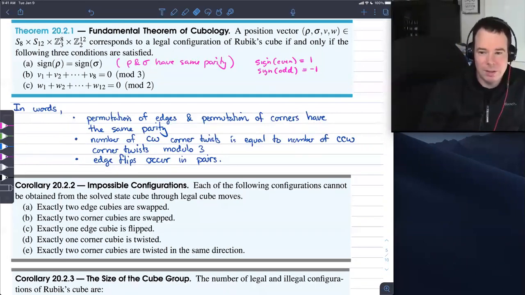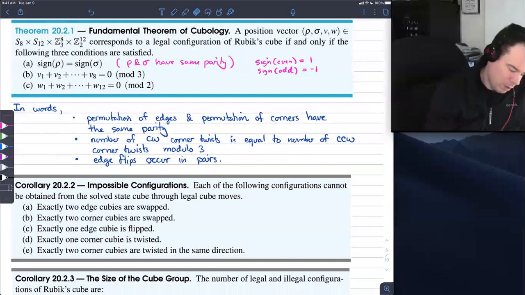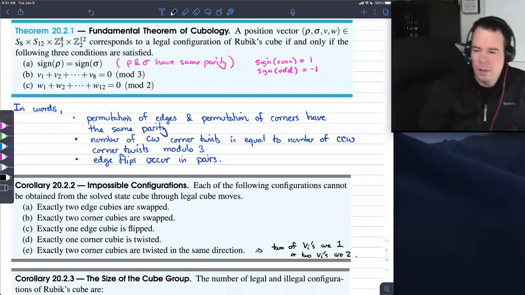And we also get the additional statement that you can't have two corner cubies twisted in the same direction, because this would mean two of the V's are 1, or two of the V's are 2, and all the others would have to be 0.